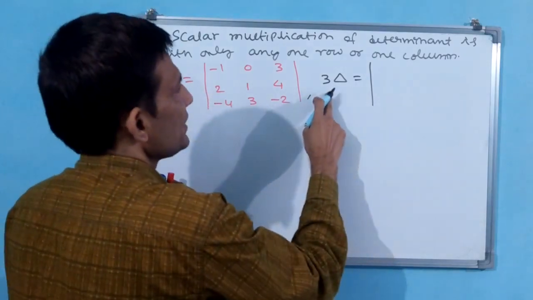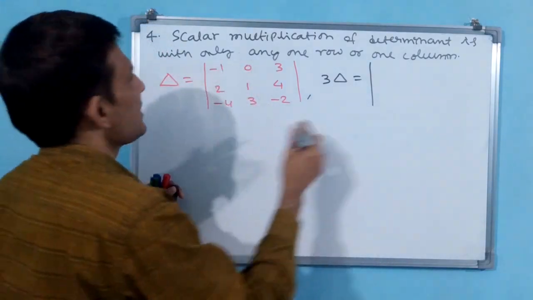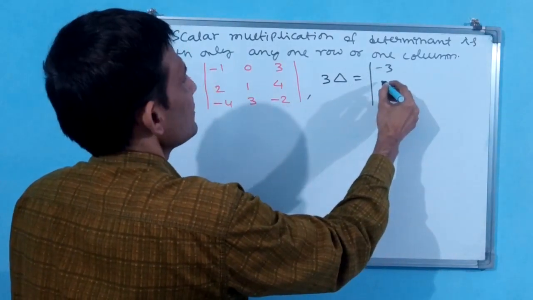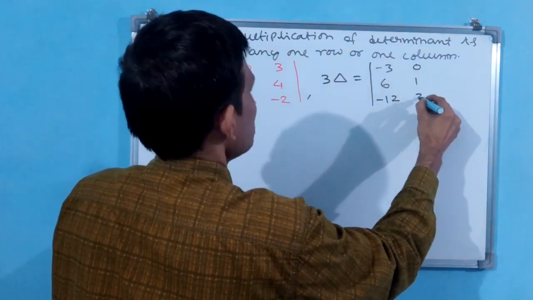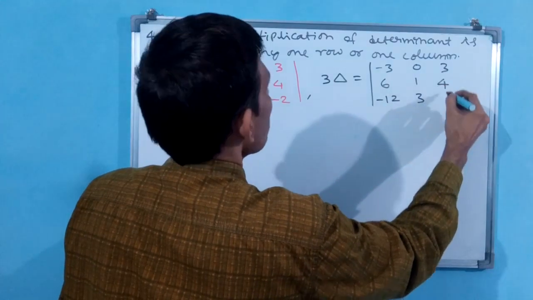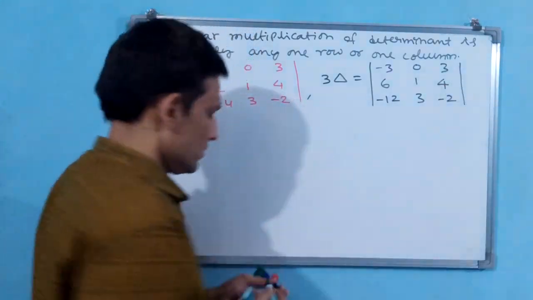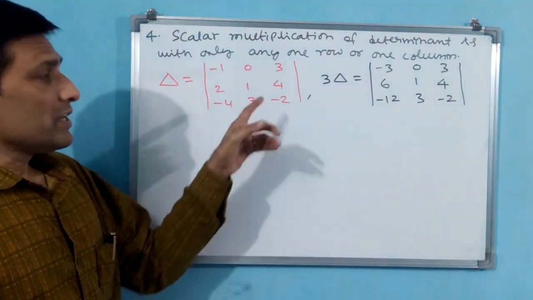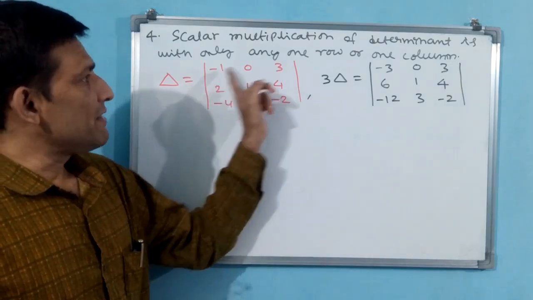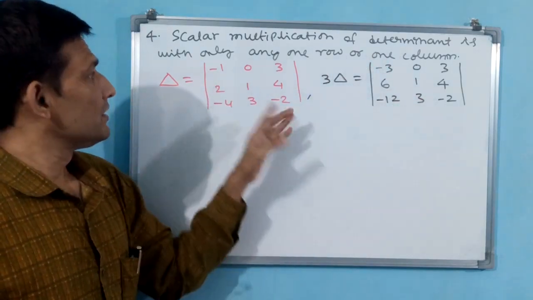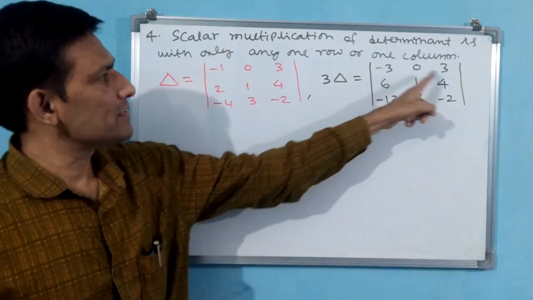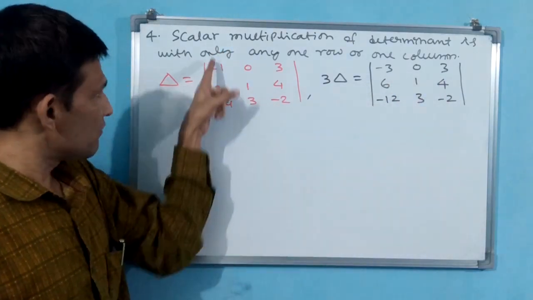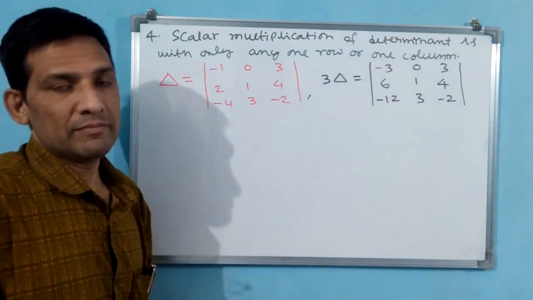So 3 delta: minus 3, 6, minus 12, 0, 1, 3, 3, 4, minus 2. If it is a matrix, then 3 should multiply with every element. But here you see 0, 3, 1, 4, 3, minus 2 are same. Only one column we have multiplied with this 3.